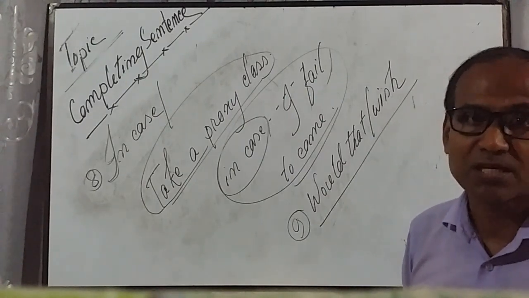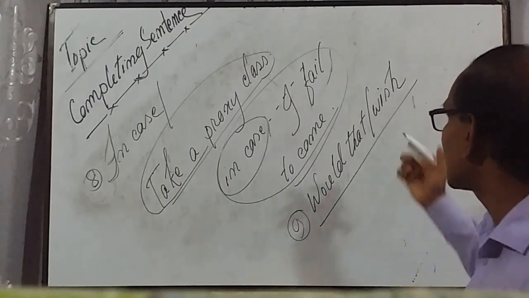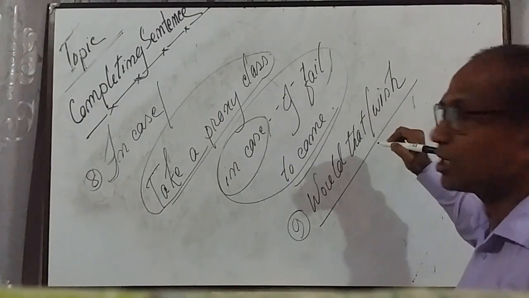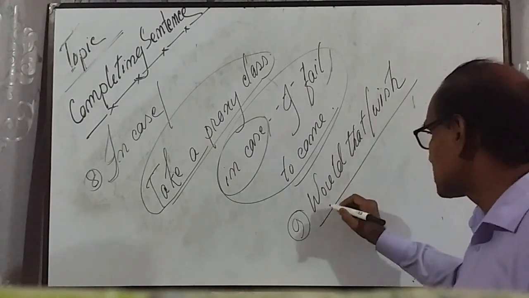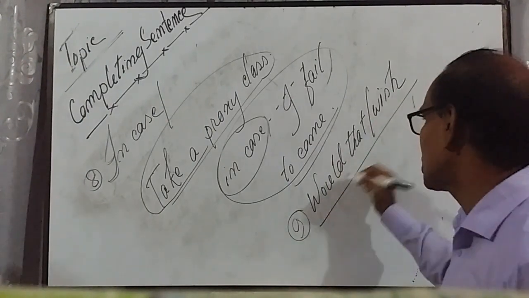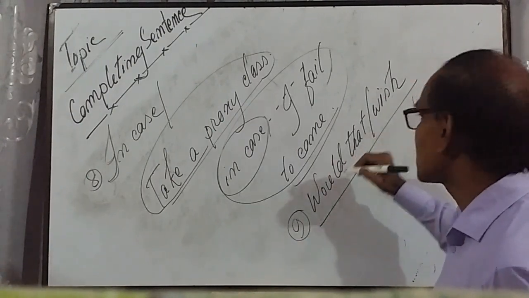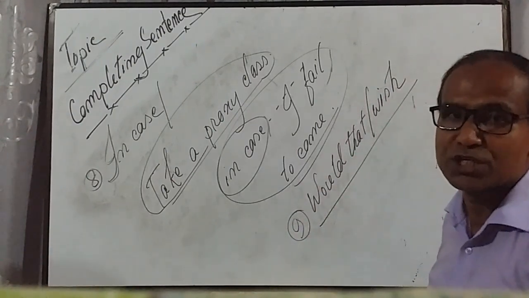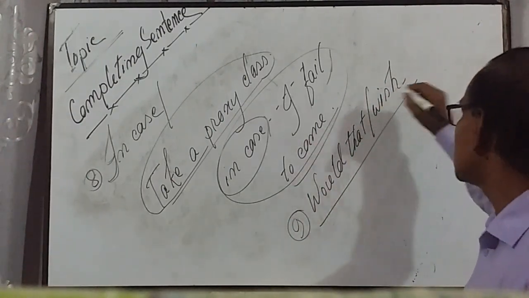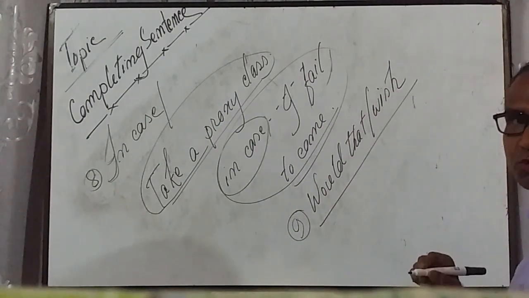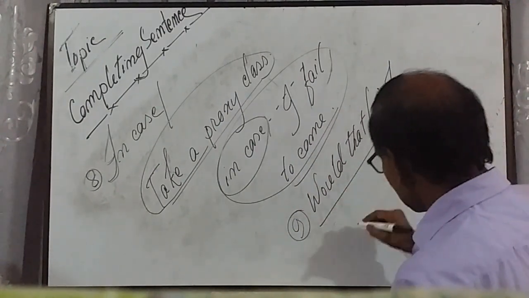I'm expecting something. In that case, we usually use wish or would that. Especially American people use wish or would that, and British people use wish. And in this case, what are you supposed to do? Something like this.